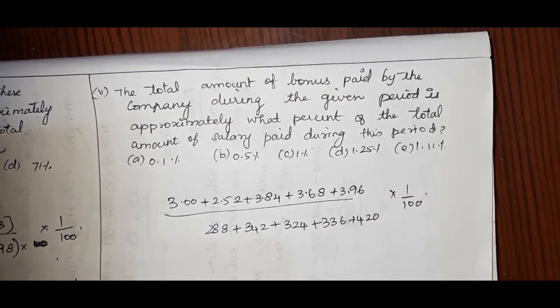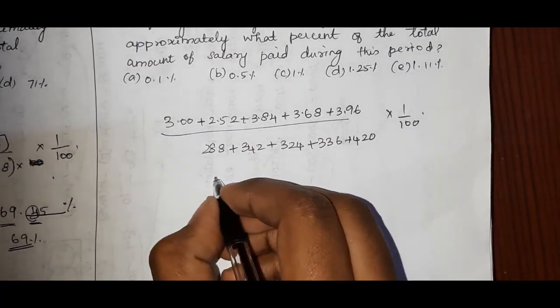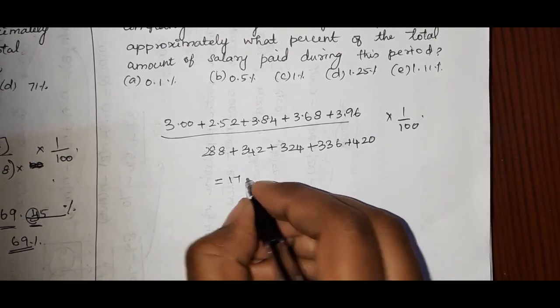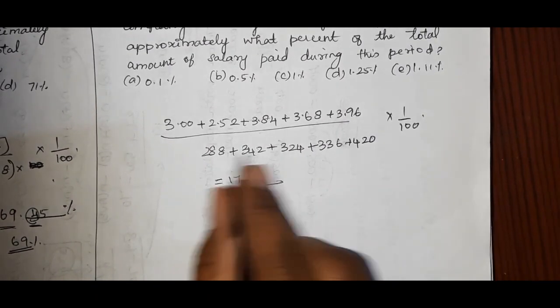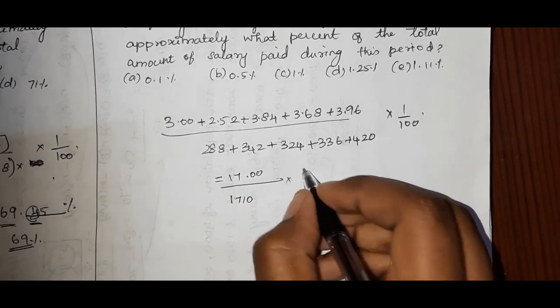This is what we have to find, right? By adding this, we'll be getting 17.00, and by adding these values, we'll be getting 1710 into 1 by 100.